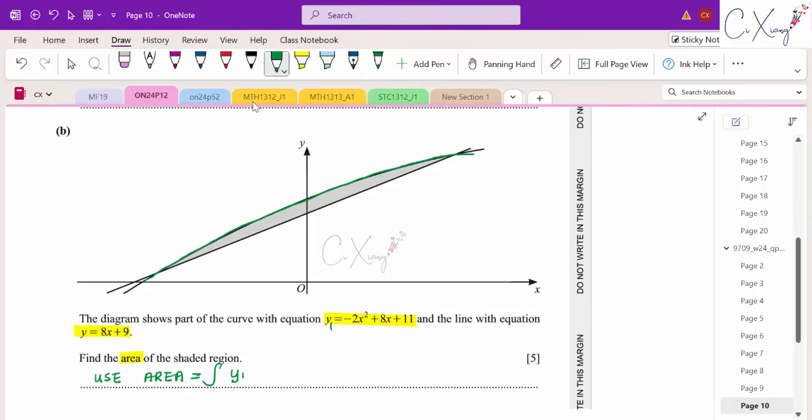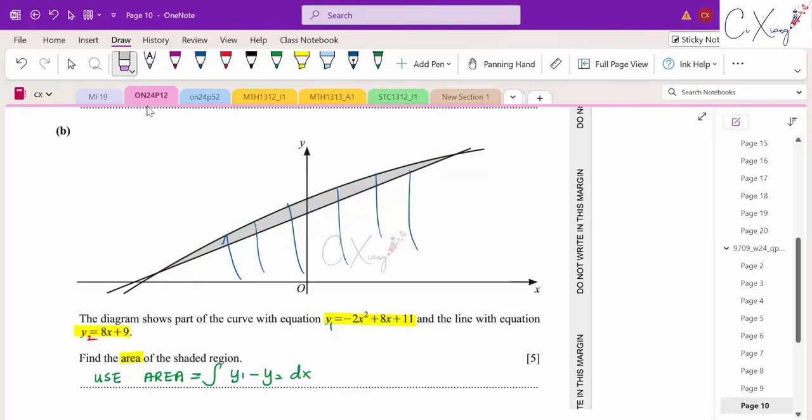If you integrate the curve equation, you'll get the whole area below the curve. Then I have to minus the area from the straight line. This straight line, I will label it as y2. So basically you have to use y1 minus y2. Then when you integrate, only then can you get the area under the graph.